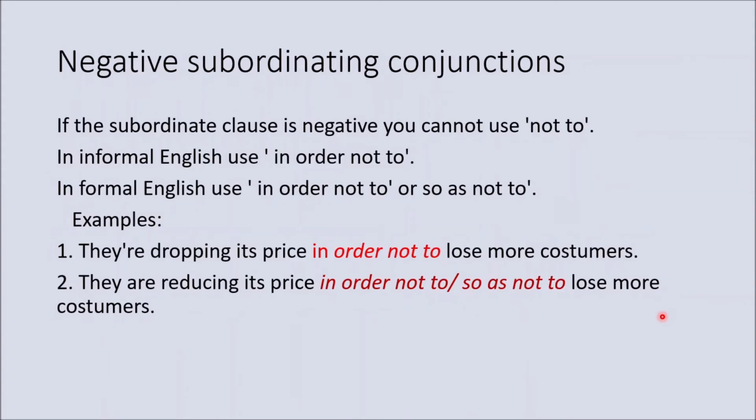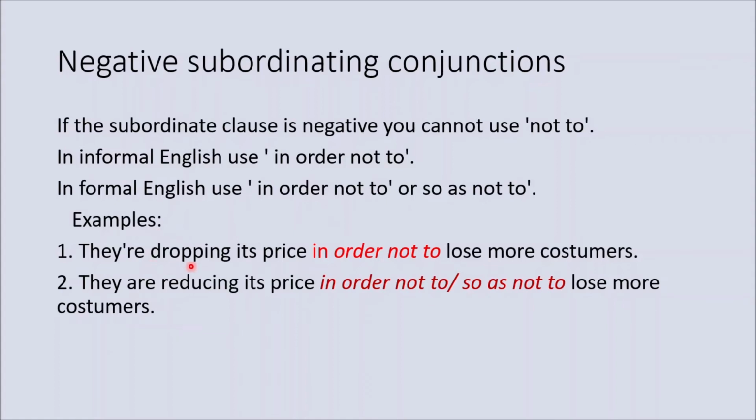If the subordinate clause is negative, you cannot use not to. Very important to remember. In informal English, use in order not to, or in formal English, use in order not to, or so as not to. We have the examples.